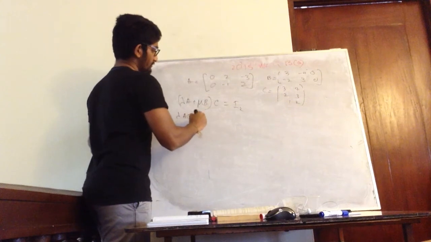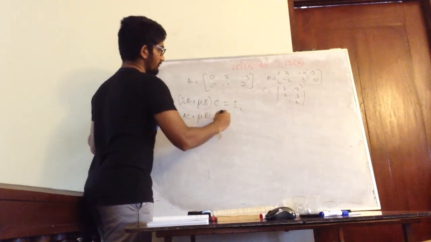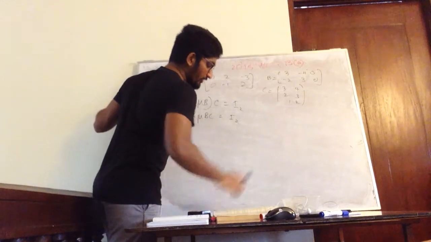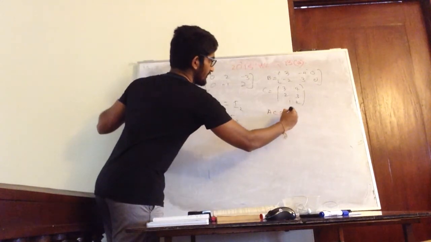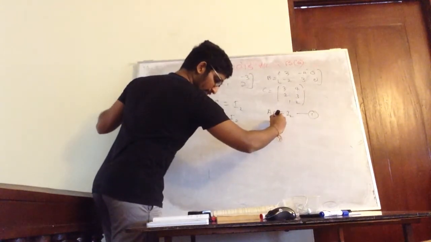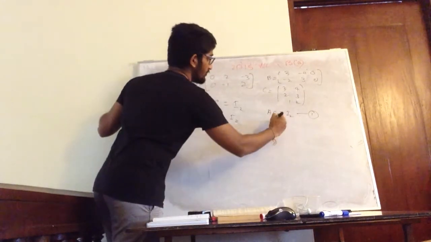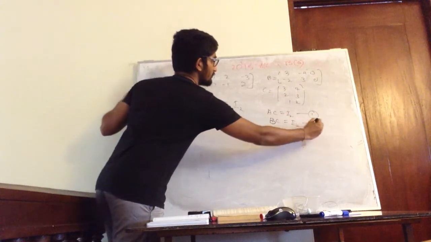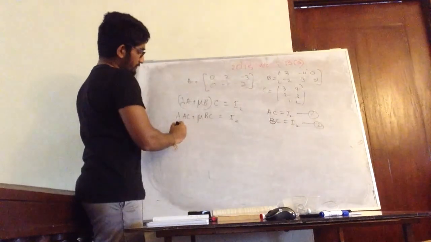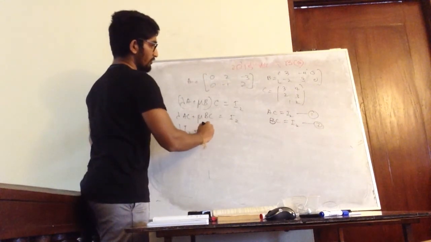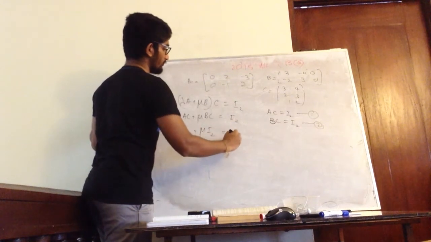Lambda AC plus mu BC equals I2. So first of all we found out that AC equals I2. This is the first one. Then we found that BC also equals I2. So I'm going to substitute that. Lambda times AC is going to be I2, mu times BC is also going to be I2.